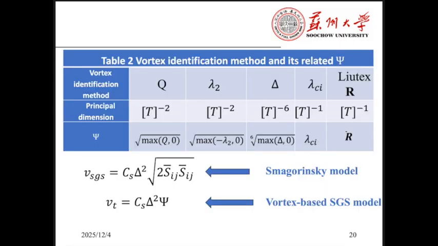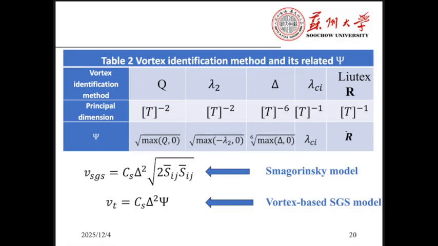Using the two cases, we have shown that introducing vortex identification methods into the subgrid model gives better results. So now we want to compare different vortex identification methods, including Q, lambda2, delta, lambda ci, and the Liutex vector.